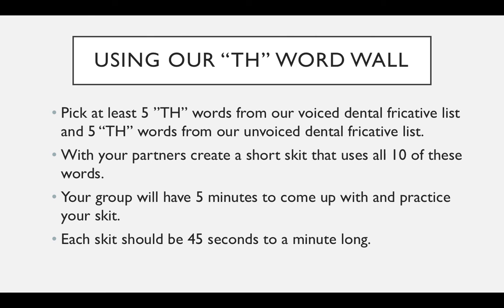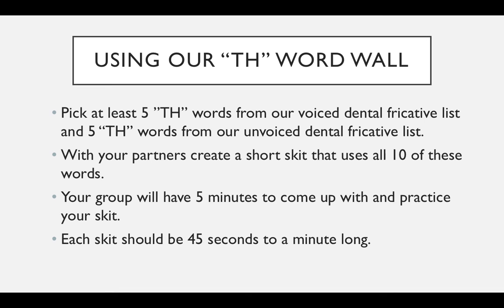Okay, so after getting our word wall sorted out, we would do a little practice. I would ask students to pick at least 5 TH words from our voiced dental fricative list and 5 TH words from our unvoiced dental fricative list. With your partners, create a short skit that uses all 10 of these words.